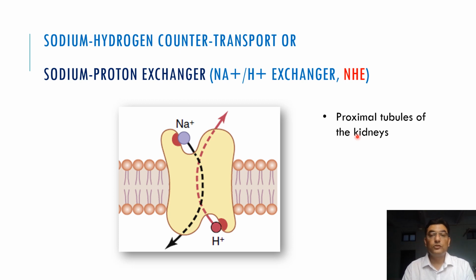So it also maintains the pH by maintaining the hydrogen ion concentration. However, it is not as powerful as the primary active transport of the hydrogen ion. It means the primary active transport of the hydrogen ion has more role in the pH maintenance rather than this secondary active transport or antiport of the sodium proton exchanger.